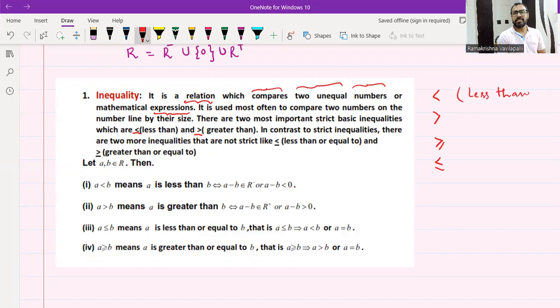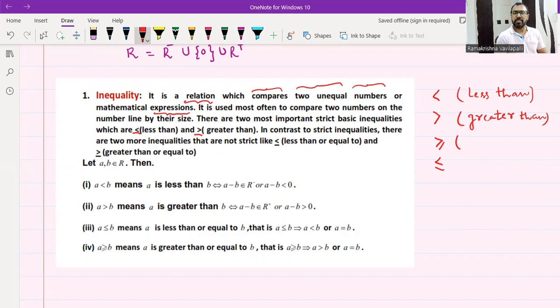These mathematical operations are useful to compare two quantities. This is greater than, and this is greater than or equal to. Sometimes when we compare two quantities, we don't know whether one quantity is greater than the other or they may be equal.